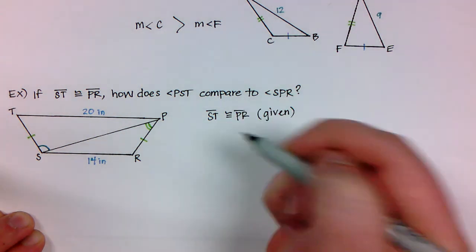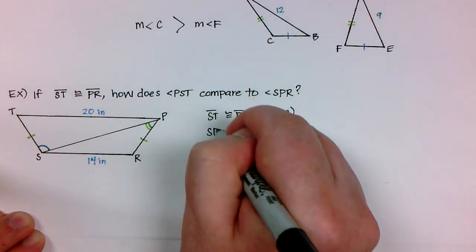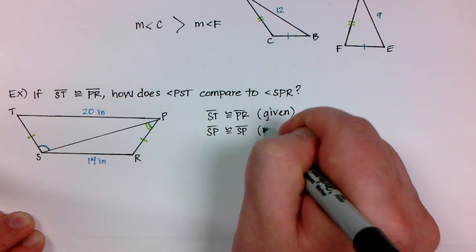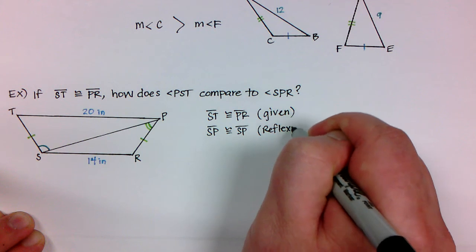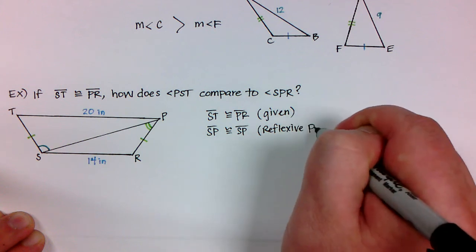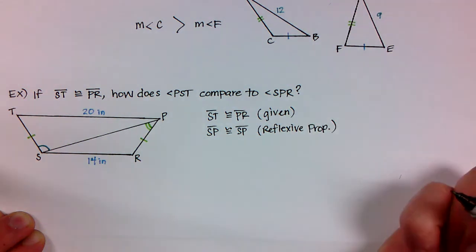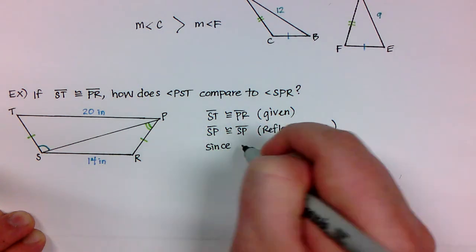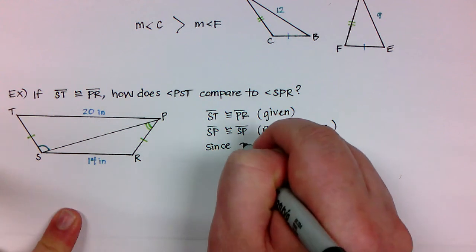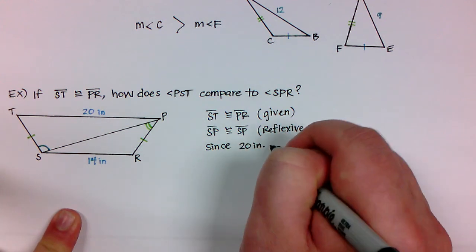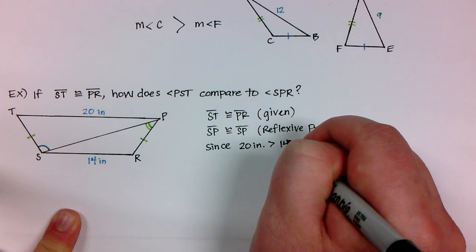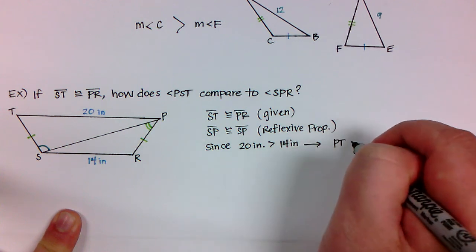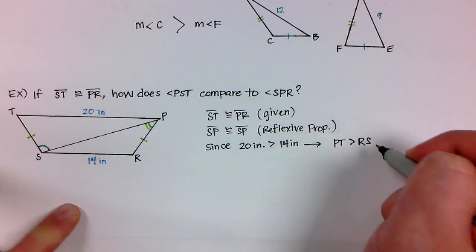We also know from the last chapter that SP is congruent to SP by the reflexive property of congruence. And since this side, PT, is 20 inches, since I know that that is greater than 14 inches, I can assume then that PT is greater than RS.